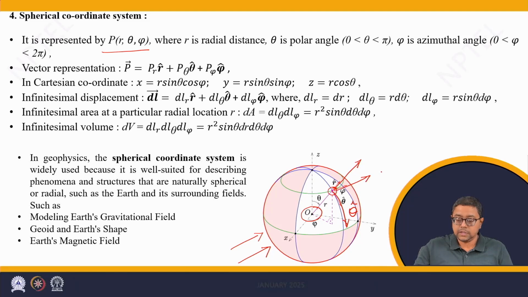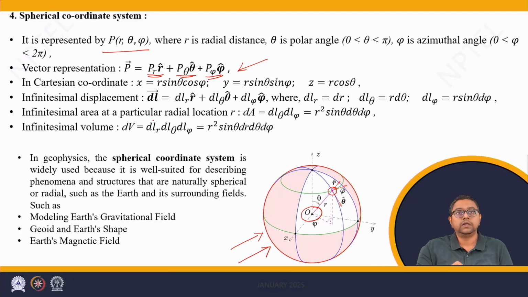This is the unit vector of the azimuth angle. The vector representation of any point P can be given in terms of its components as shown here. The P vector is P_r r hat, P_theta theta hat, and P_phi phi hat. So this is the vector representation of a point.